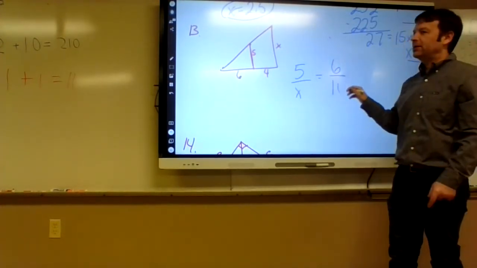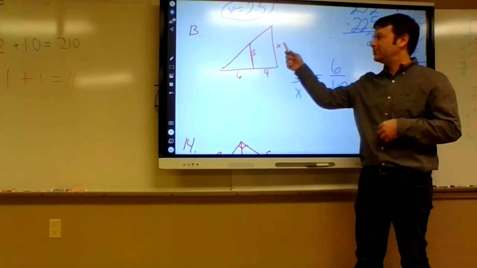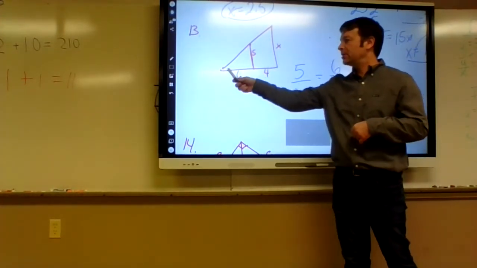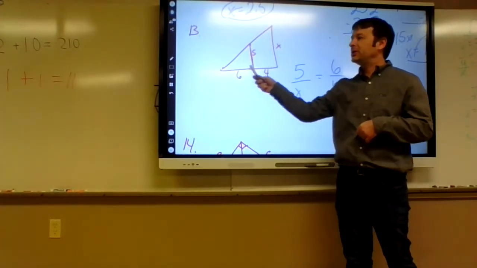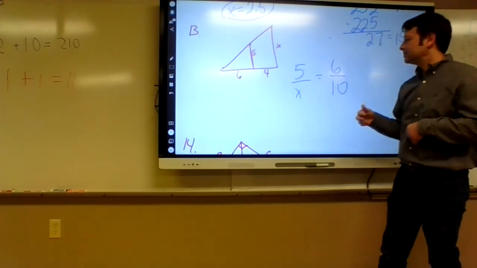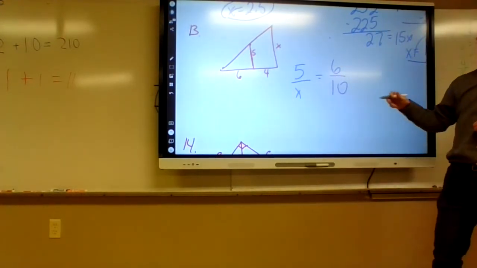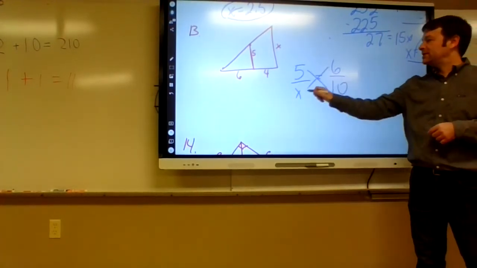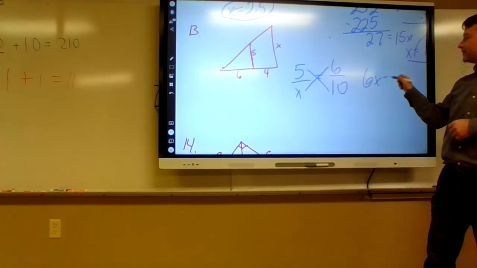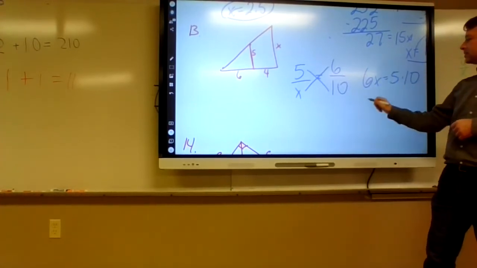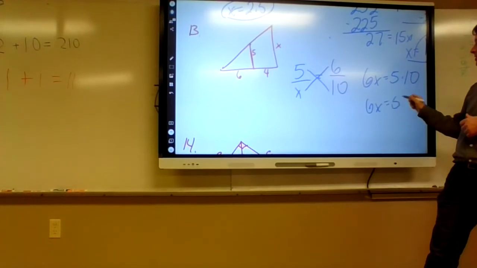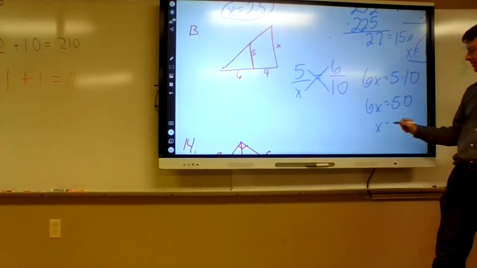Little triangle to big triangle equals little triangle to big triangle. So it does have a trick to it. 6 times x equals 5 times 10. So 50 divided by 6 is 8 1/3.